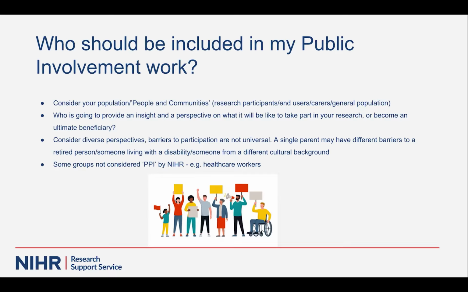But as I mentioned a minute ago, the people and communities that you want to be reaching out to are going to be end users, carers, general population, people who represent your research participants. Ultimately, it needs to be people who are going to have some insight and some perspective on what it would be like to take part in your research or to benefit from your research.